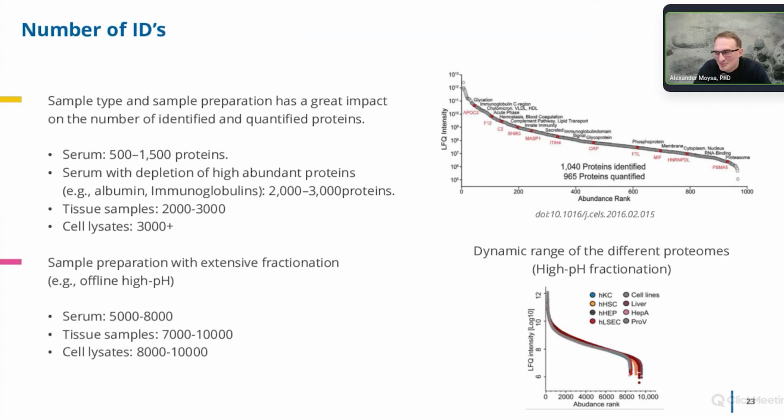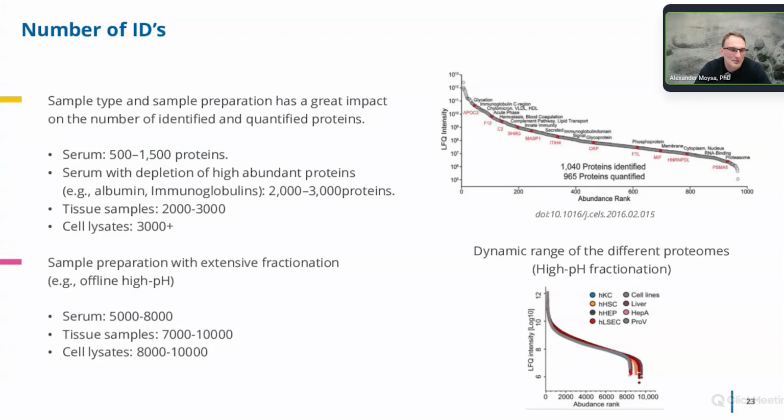So the first and the most important question is the number of identifications. The number of identified proteins highly depends on the type of the sample and the sample preparation strategies that were used for the experiment. However, there are some common features.